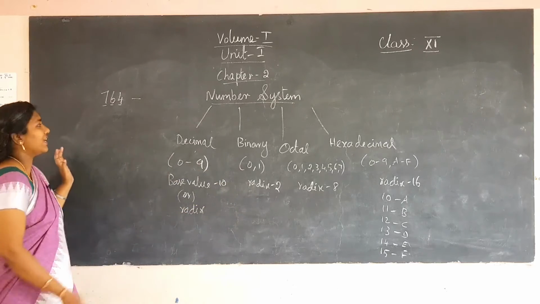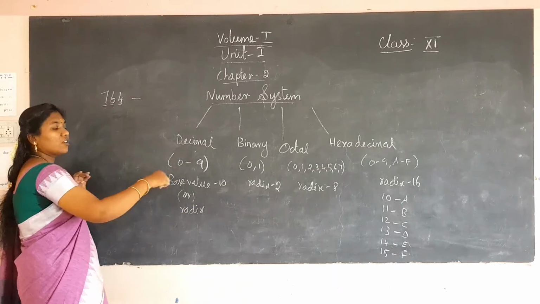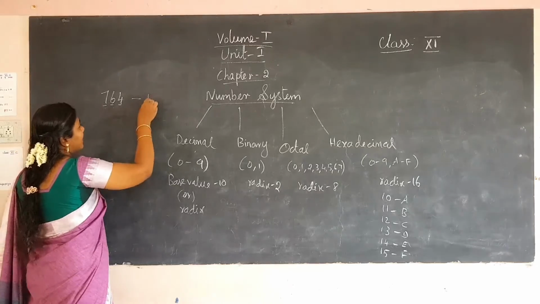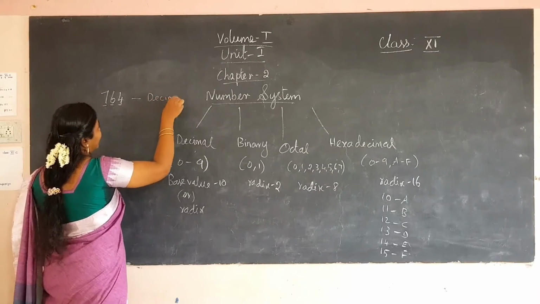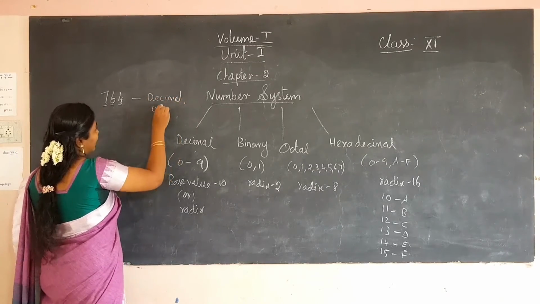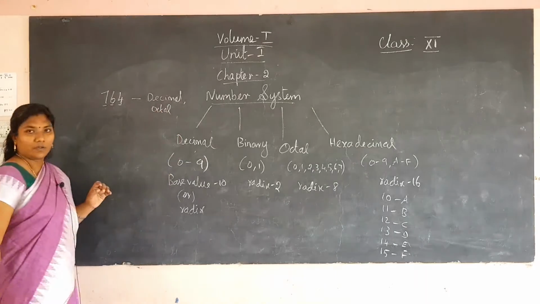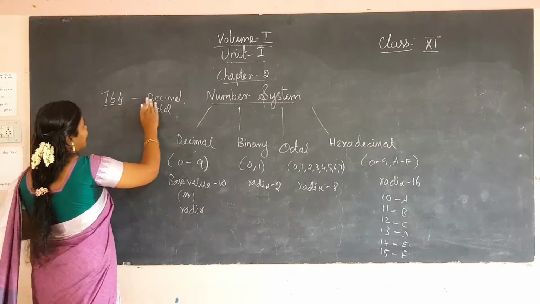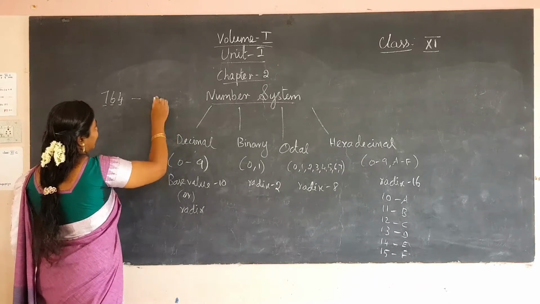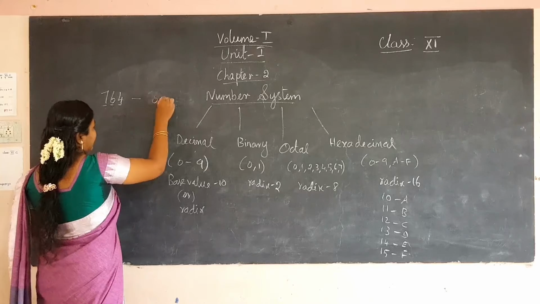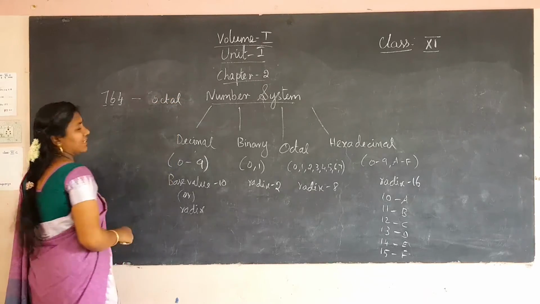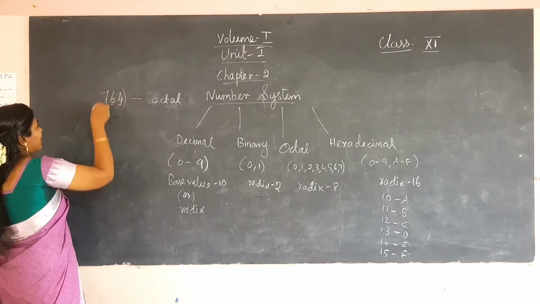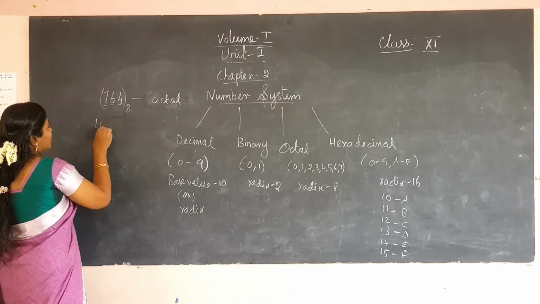Does it? Yes, 7, 6 and 4 belong to 0 to 7 only. So it can be a decimal number and it can be an octal number. Generally we do not mention decimal, so you represent it as octal 764. What will be the base value? 8.